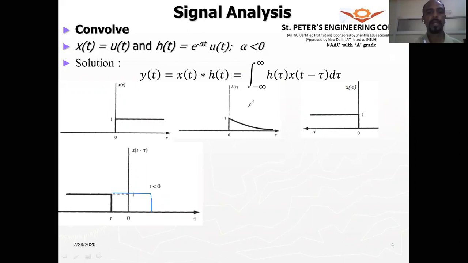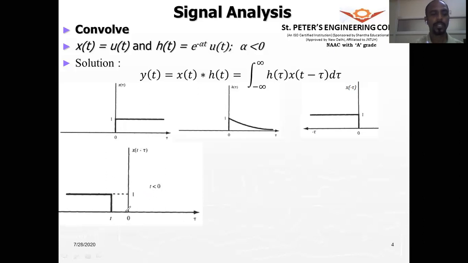All right. Now, what we are going to do here is vary both of these and see what is the overlap and integrate in that limit. So now this is for x of t minus tau when t is less than 0. Let us say this is the 0 point.